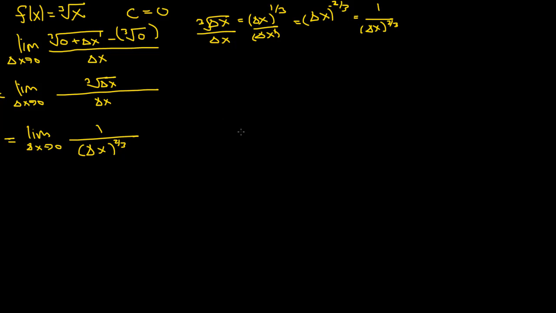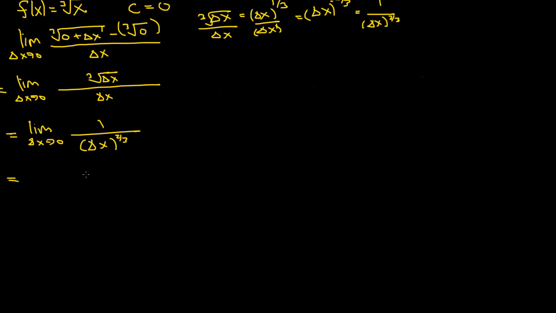Now, we have to think about what's going on with this limit. We could make a table if we wanted to. There's nothing wrong with that, but we can just rationalize through what's going on here. Delta x is getting closer and closer to 0, so that's going to be very small values. What happens when you square a very small value? Say we square 1/10. You get 1 over 100, a much smaller number. If you square 1 over 15, you get 1 over 225, a much smaller number.